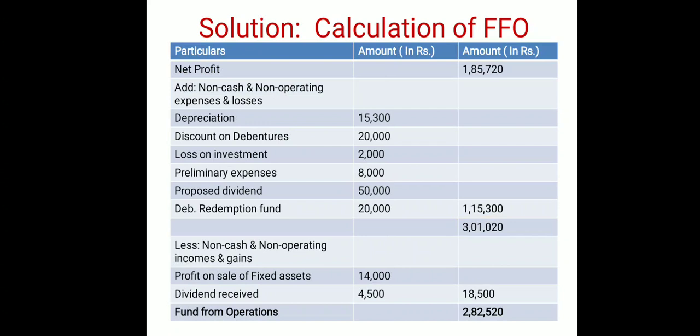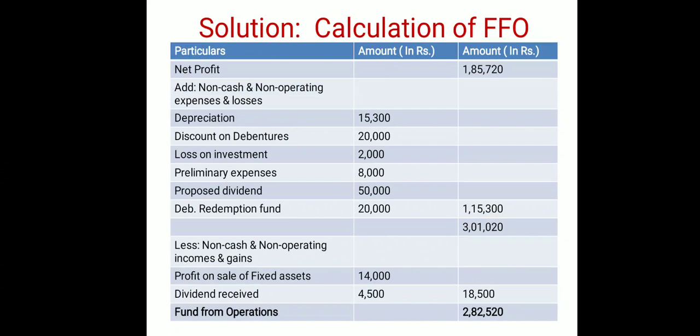As I have told you, very first we consider the net profit, writing the amount in the outer column, and to this we add back non-cash and non-operating or non-fund expenses or losses. Just now in the question we discussed which were all non-cash and non-operating: we have depreciation, discount on debentures, loss on investment, preliminary expenses, proposed dividend, and debenture redemption fund.